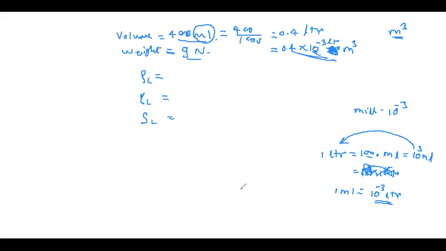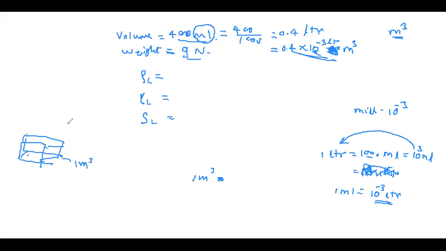Now, the relation between 1 meter cube and 1 liter. Okay, so how many liters is equal to 1 meter cube? At that time, I gave one analogy. If you make a tank of 1 meter by 1 meter by 1 meter, it will have the volume of 1 meter cube.